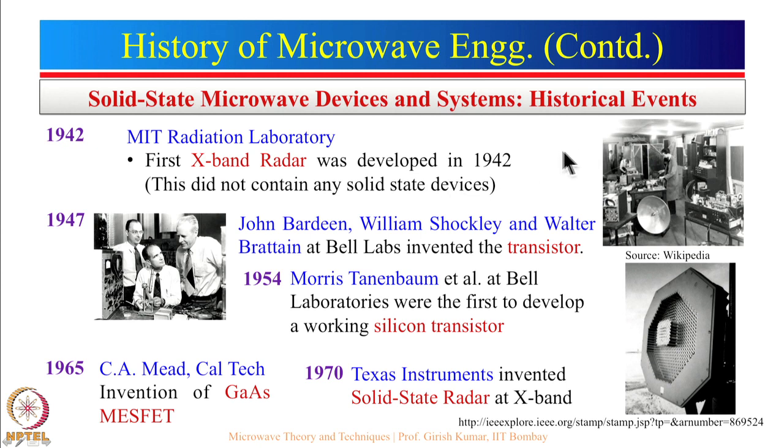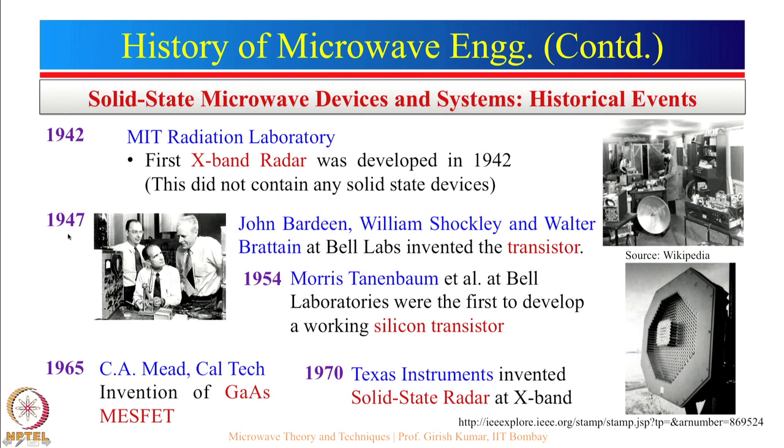Then let us see how all these radars and other transistors were developed. It was in 1942 that the MIT Radiation Laboratory first demonstrated X band radar, however that X band radar did not contain any solid state devices.